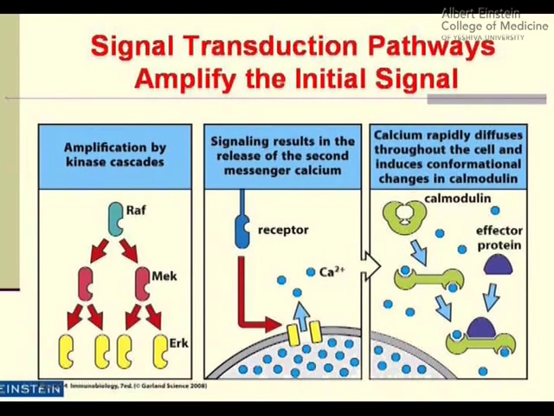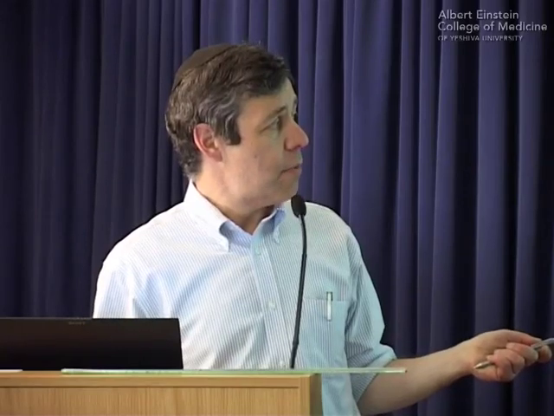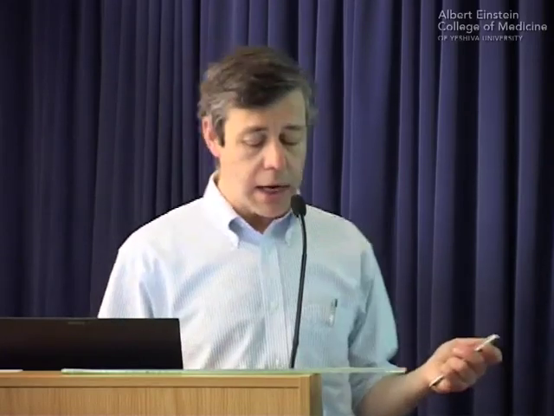Okay. Now, why do we have phosphorylation events? The other major concept in signal transduction is that you need to amplify the signal. If you have one receptor, or two receptors, or three receptors, and you want to turn on hundreds of genes, that's going to be very difficult unless you can mobilize an amplified signal. And kinases can amplify it dramatically. If you turn on one kinase molecule, it could phosphorylate, say, 100 substrates.